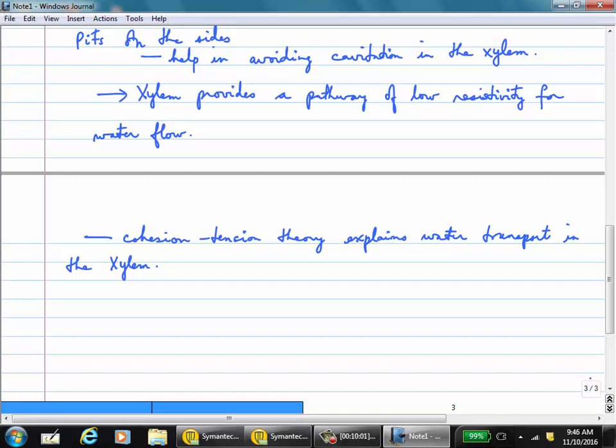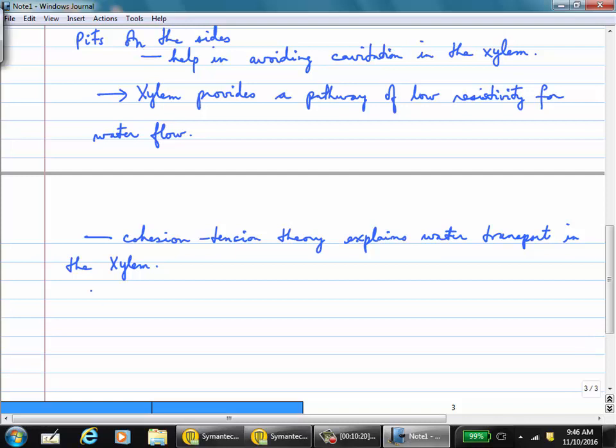What's going to happen to the water once it reaches the leaves? It's going to just evaporate. There's going to be transpiration. So what is the driving force for that transpiration? It's the difference in vapor pressure, the water vapor pressure inside the leaf versus the external environment. So if it's dry weather, there will be more transpiration.